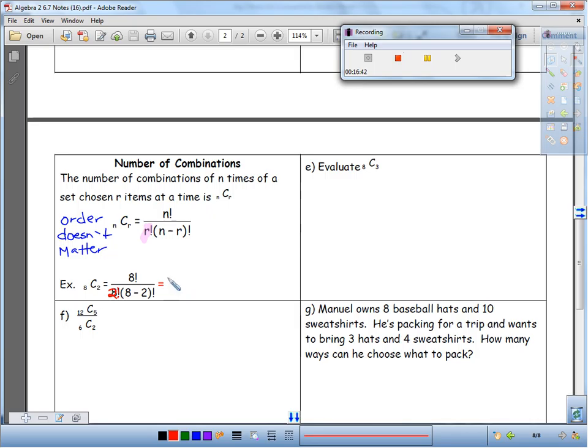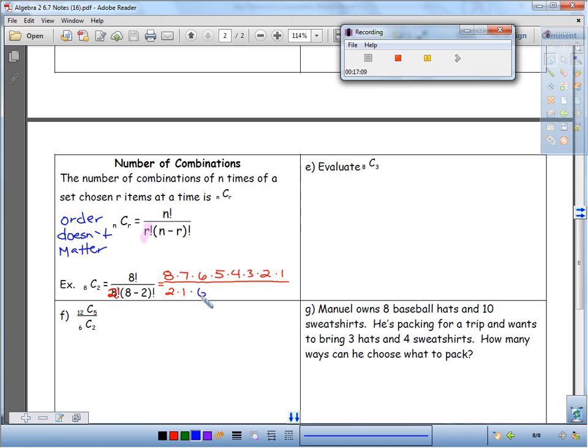So that would be 8 times 7 times 6 times 5 times 4 times 3 times 2 times 1, all divided by the 2 factorial, which is just 2 times 1. Then the 8 minus 2 factorial, very good. 8 minus 2 is 6.